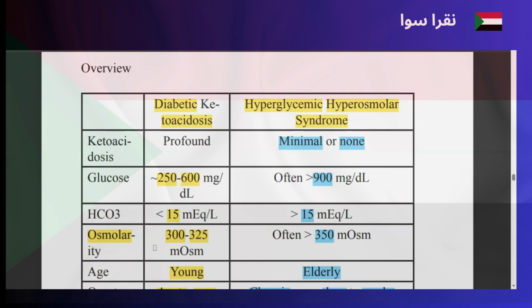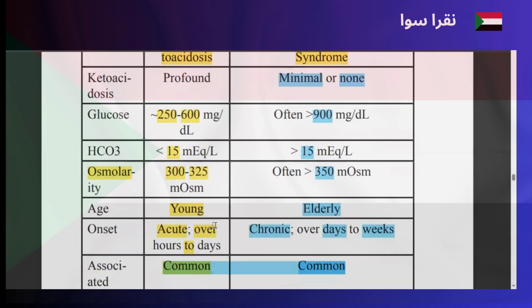The osmolarity in DKA is between 300 to 325, but in hyperglycemic more than 350. The age in DKA is usually young, but in hyperglycemic elderly. The onset in DKA is acute over hours to day, but in hyperglycemic chronic over days to weeks.